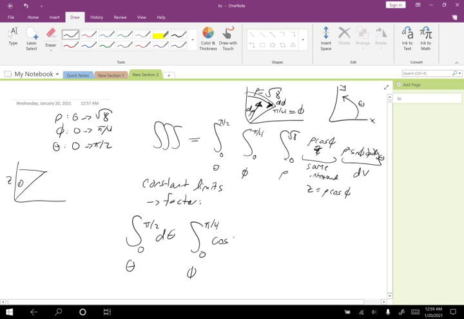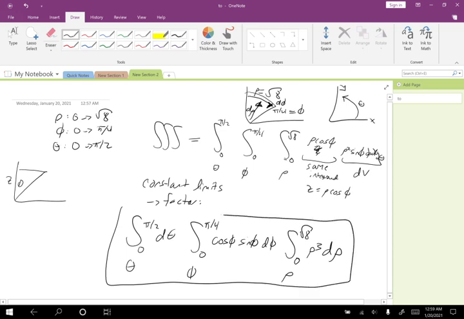So now we have cosine phi, sine phi. Cosine phi is the z integrand contribution. Sine phi is the volume contribution. Finally, we have rho going from 0 to square root of 8. And we'll now have rho cubed d rho. That's it. Now this is easy.